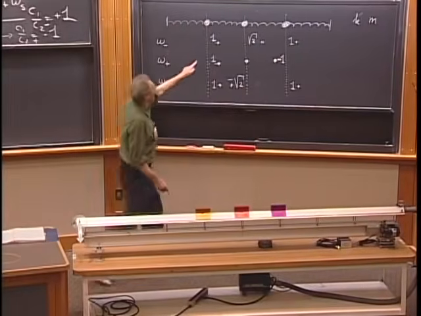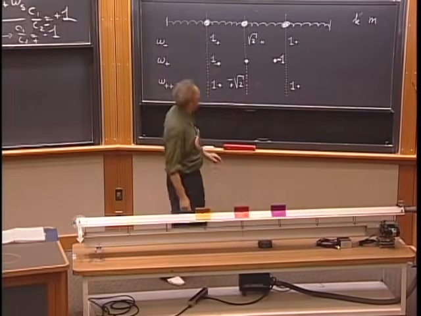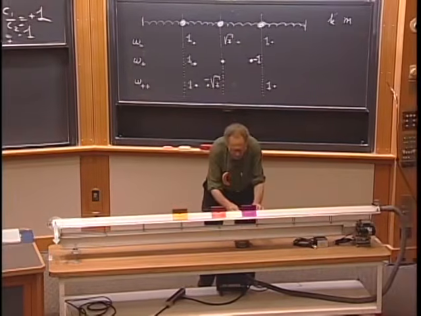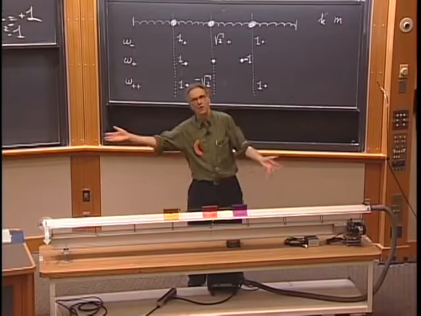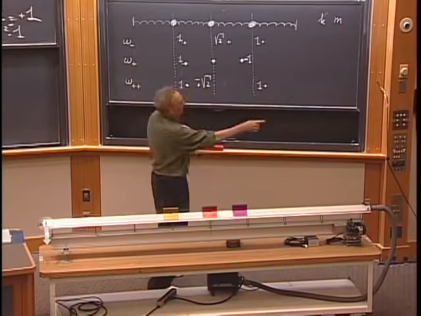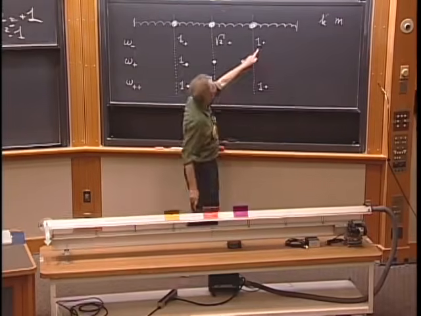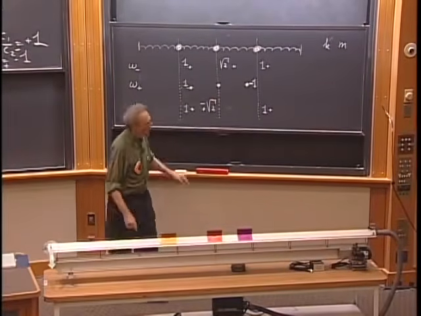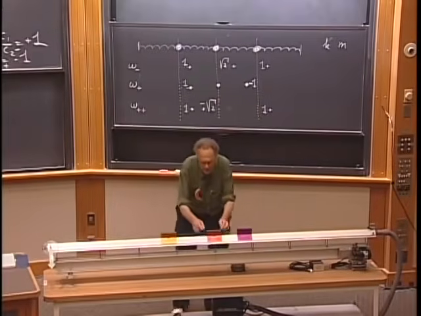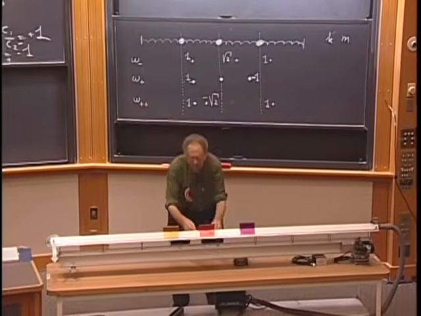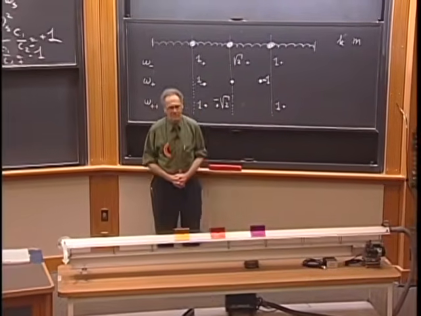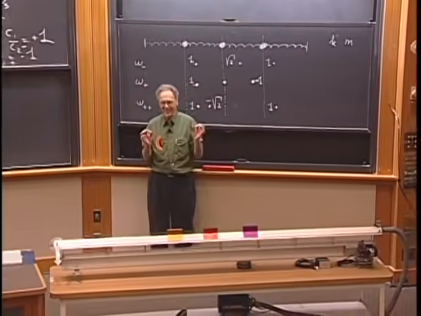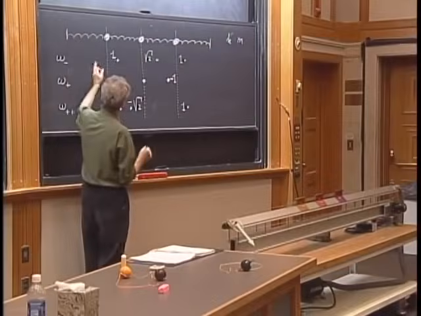If I offset this one in the positive direction over a distance 1, and the other one by 1 in the same direction, which I just did, but this one by the square root of 2, which I just did, then I turn on the air and I have exactly the right initial conditions for this mode.